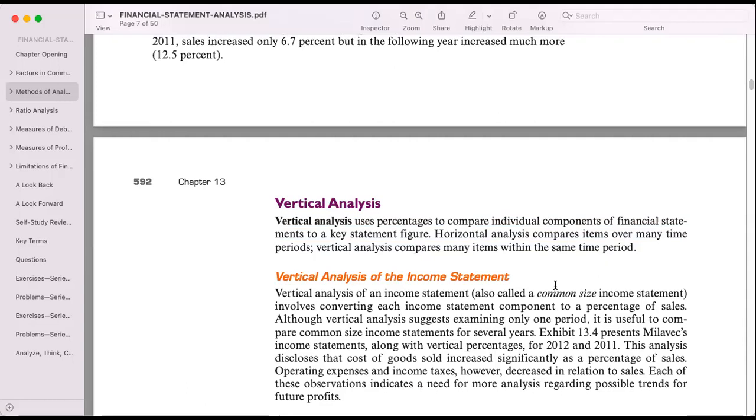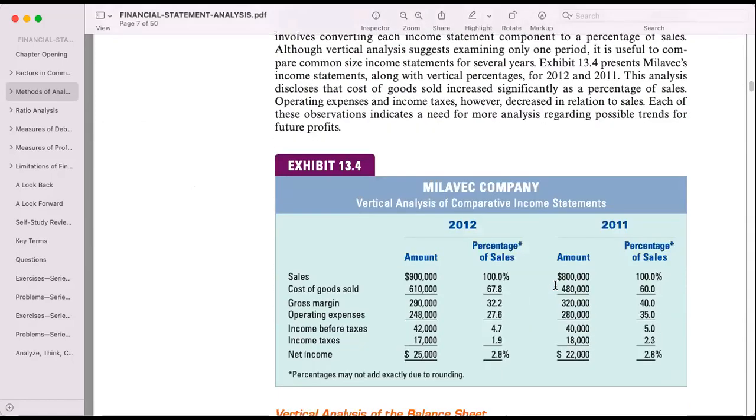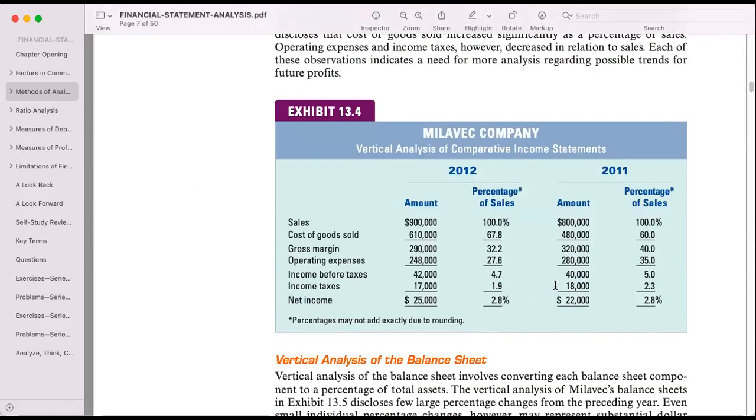In vertical analysis, it's different. What it analyzes here is one component, or individual components, of a financial statement. It compares them to a key statement figure in the same financial statement. Let's say for example, Exhibit 13.4. Notice that this is Melvick Company's comparative income statement, 2011, 2012.